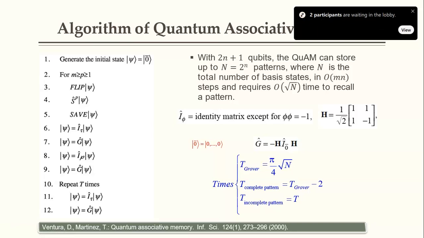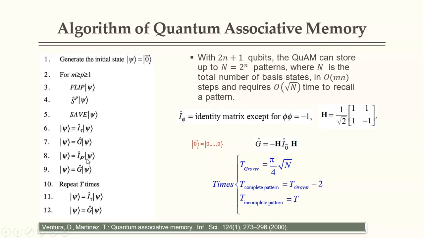Then this I operator applied to |psi> prepares the quantum state using an operator I which encodes some data or pattern, creating a new quantum state which is compared or associated with psi.